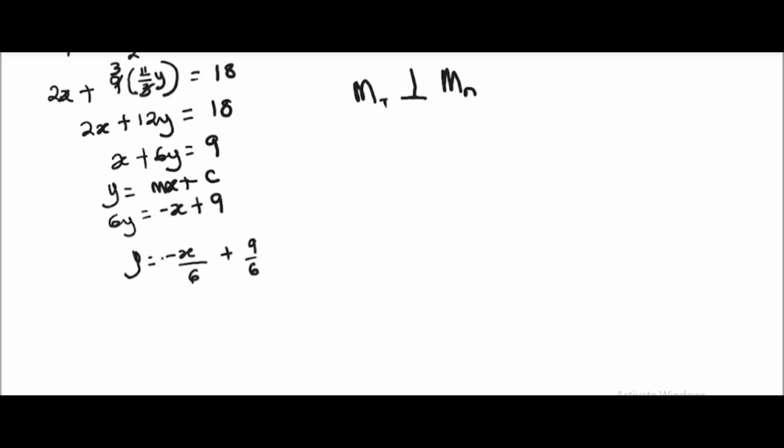So what is the slope? Compare this with y is equal to mx plus c. What is our slope? So our slope m is equal to what? Minus 1 over 6.